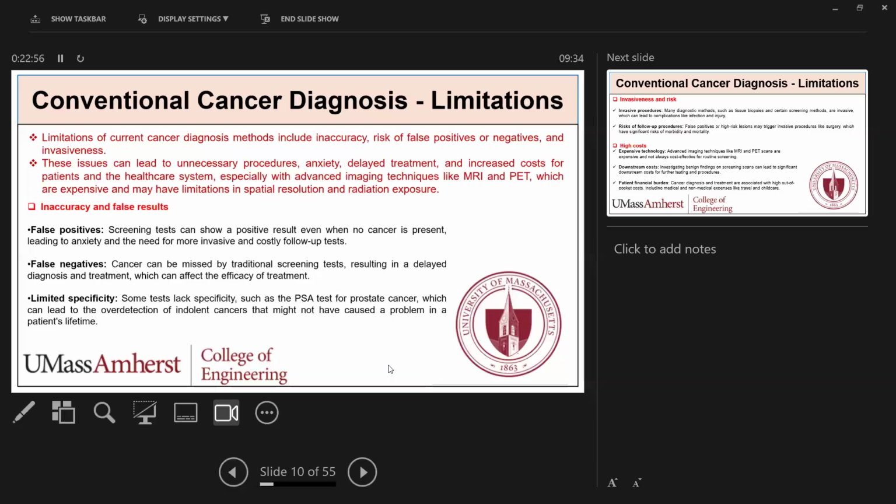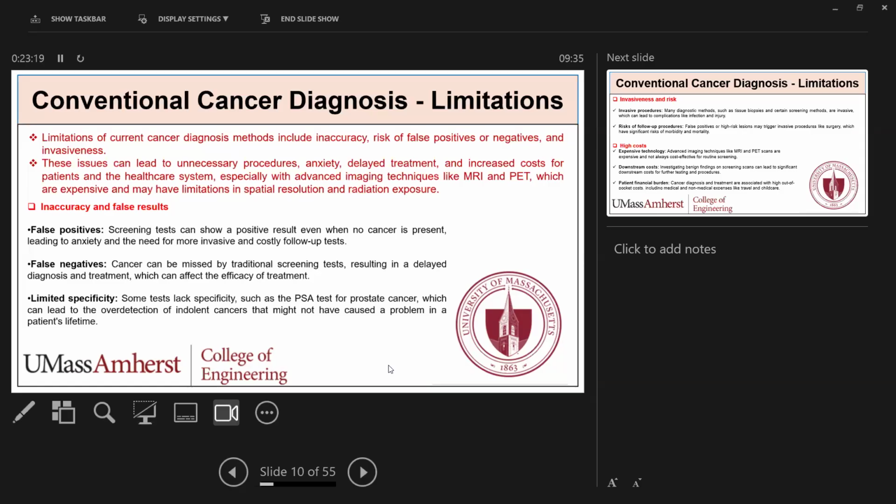And limited specificity. This is one of the most important limitations, because most cancer diagnosis methods lack specificity. I would have gone to check for one particular disease in one particular organ. The doctor comes and says, hey, you are not affected in that organ.